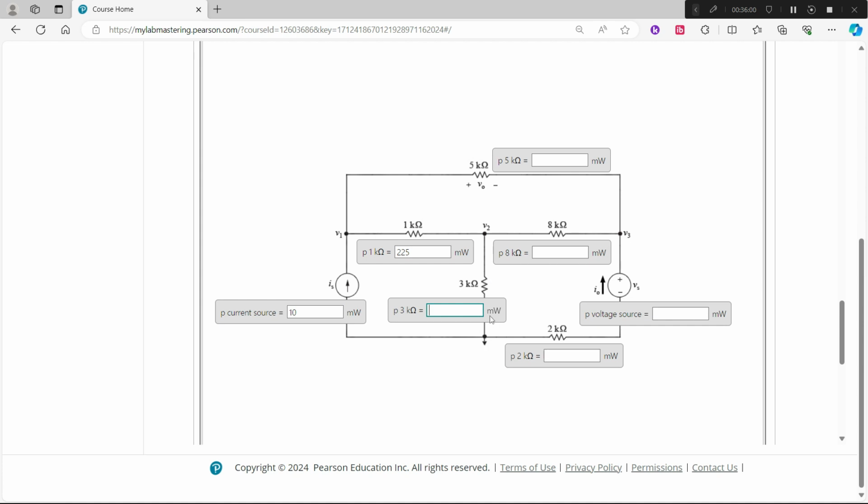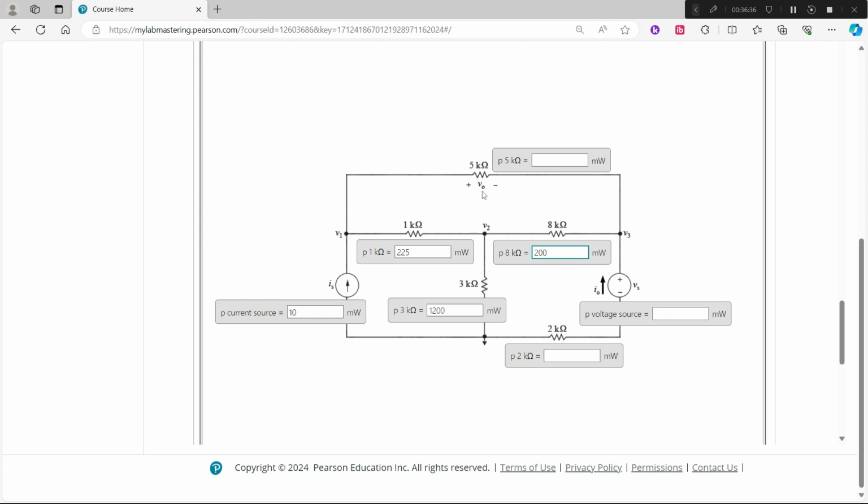V2 is just V2 minus 0, so it's going to be V2, which is 60 squared divided by 3,000. 1,200. We'll do V3 minus V2, since V3 is 100, minus 60 squared divided by 8,000.